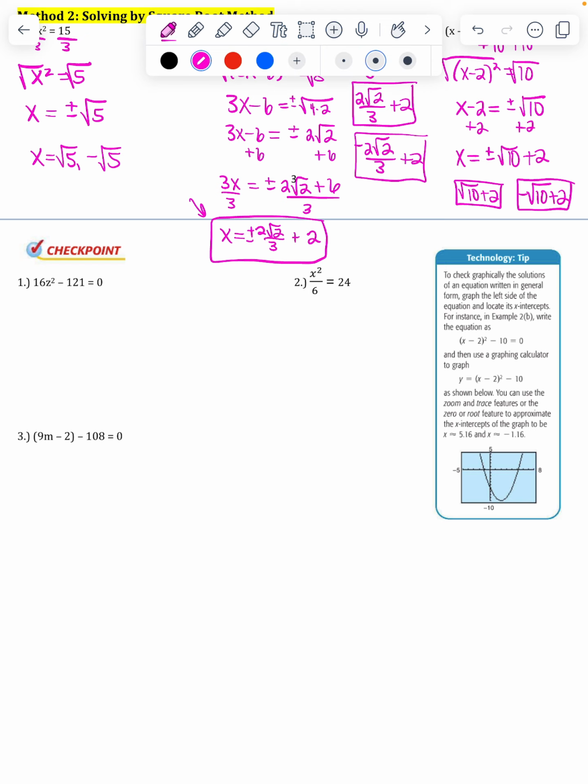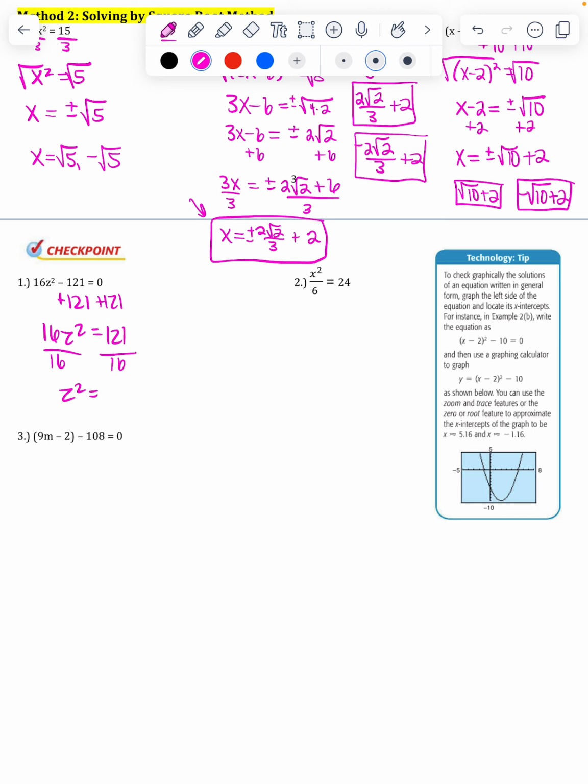and then to go over the checkpoint questions, number 1 works out nicely when I add 121. 16z squared equals 121, and divide by 16.